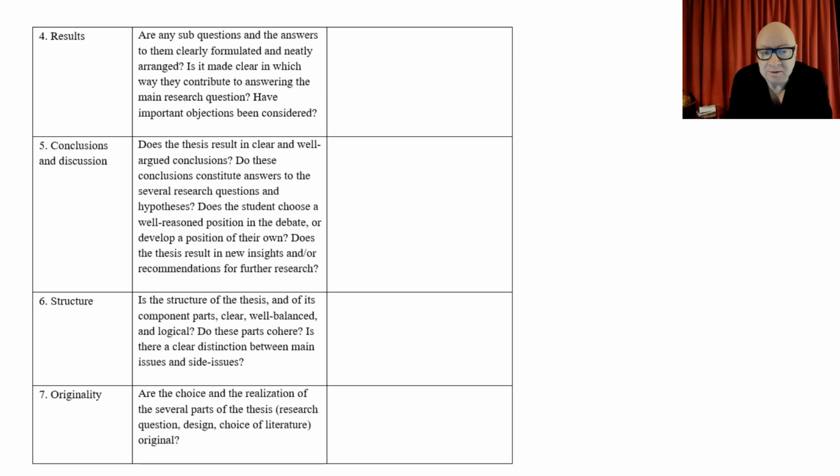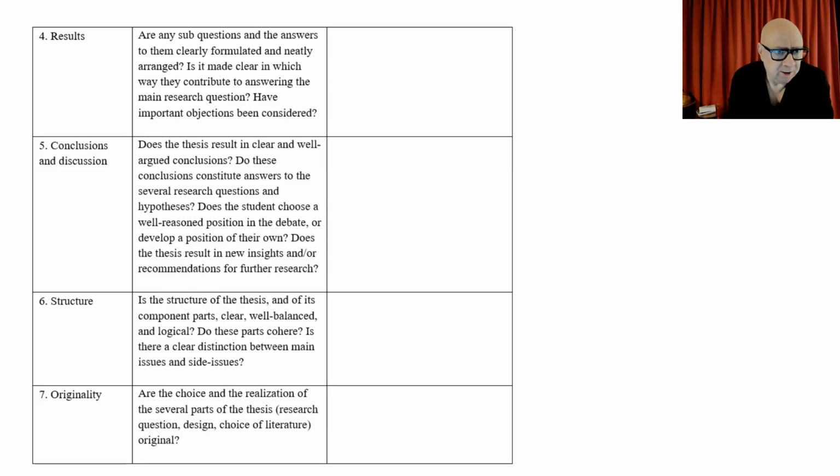And of course, you need to conclude and discuss properly. So your conclusion has to follow logically from what you've written, and then what is usually a good idea is to see whether there is still something to be researched. Obviously, you cannot write everything you want about a topic.